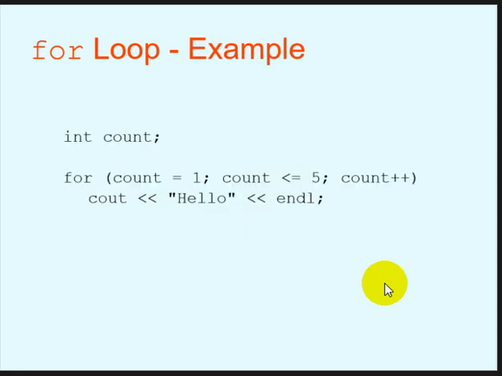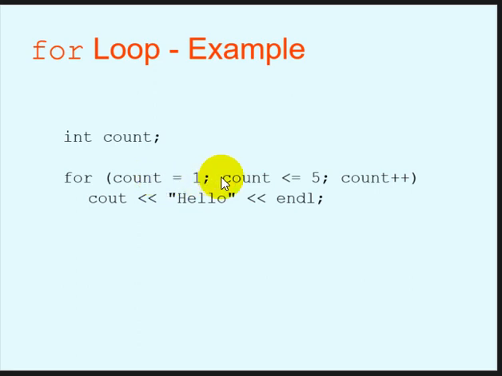This is the first example of a for loop. Here we declare a variable named count of type integer. Here is the start of the syntax: for count equals 1. This is initialization. Now the beauty of the for loop is that you have the starting and ending point already defined. Whatever you initialize is the starting point.